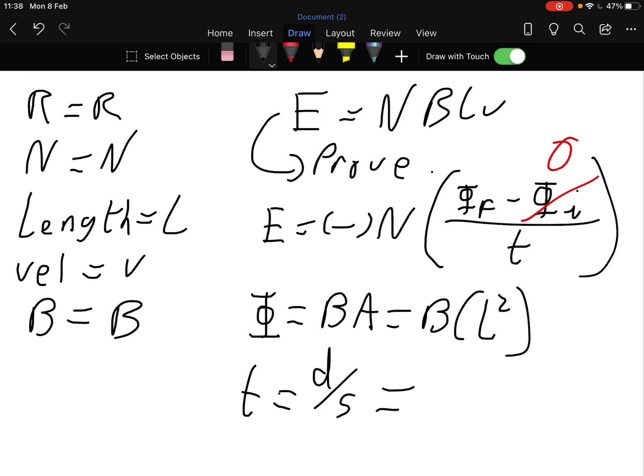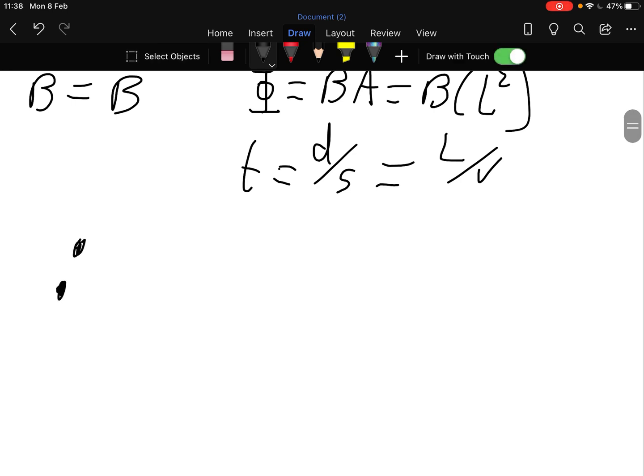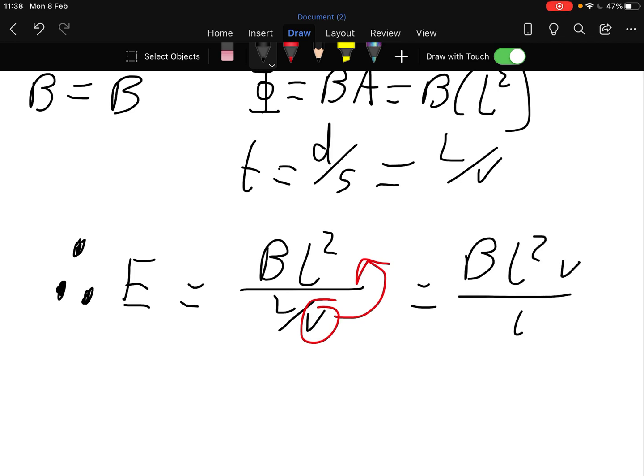Well, our distance is the side of the square coil, which they said is L. So our distance is L, and our speed is the velocity, which is V. So therefore, our EMF induced is going to be BL squared over L divided by V. Now, if you have a fraction beneath a fraction, you have to pull that above the line, which will give us BL squared V over L, and that will get rid of that. And we have just proven then E equals magnetic flux density times L times V.